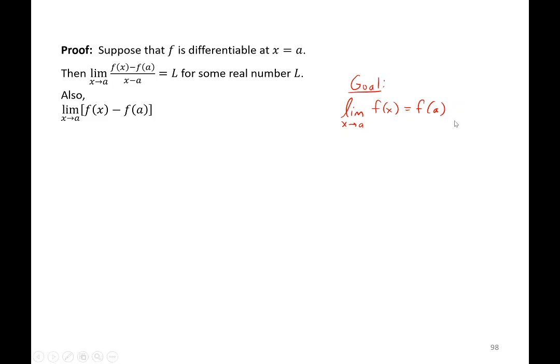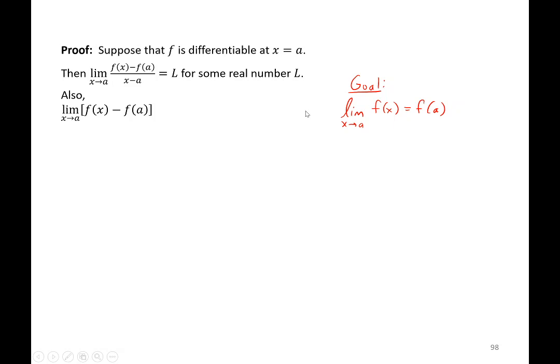That goal is going to disappear on the next slide. But that's our goal, because that's the definition of continuity at x equals a. So this limit that we're going to find right now is going to help us get there. It's a little bit of a trick, but it's going to help us get there.